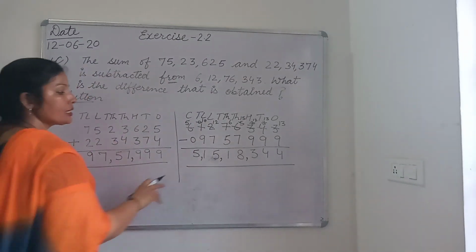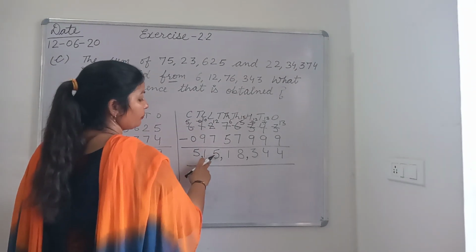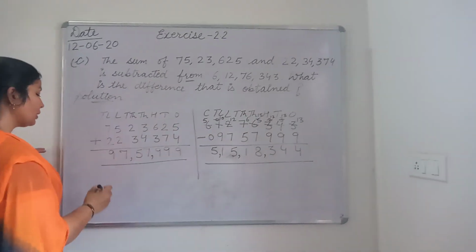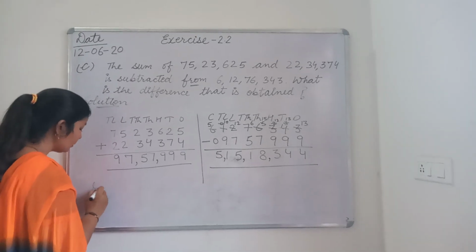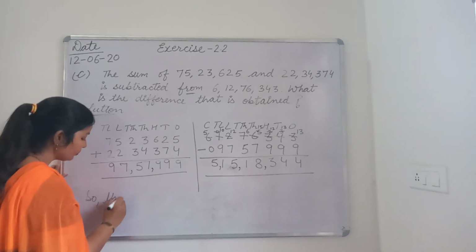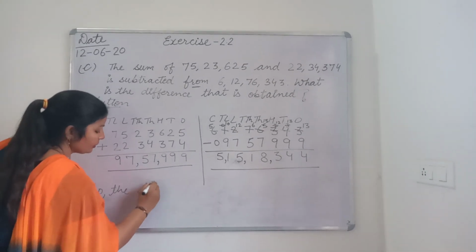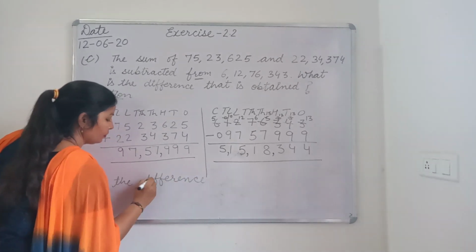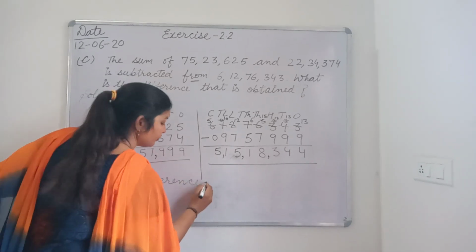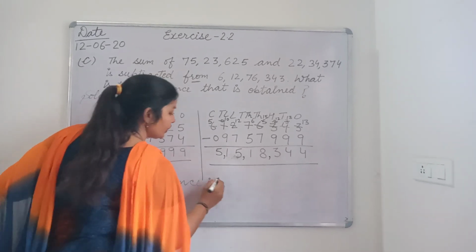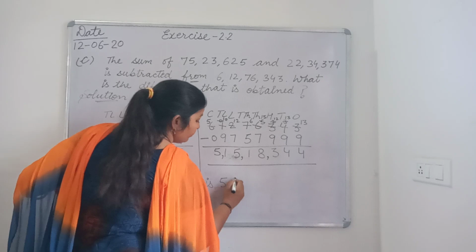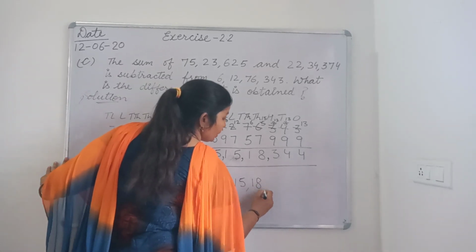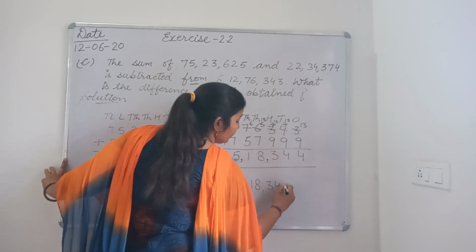So here is asking what is the difference that is obtained. So what's the difference? Difference is 5 crore 15 lakhs 18,344. So we write here: the difference is 5 crore 15 lakhs 18,344.